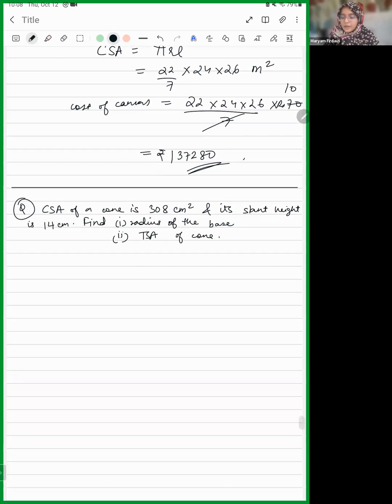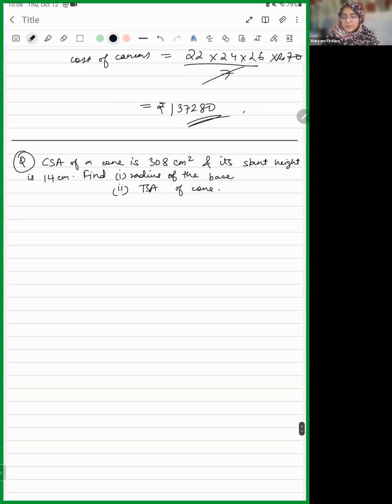Okay. So what all is given to us? CSA is 308 and slant height is 14 centimeters. How can we find the radius of the base if CSA is given? Do we know any formula for CSA? What are the formulae we know about the area of a cone?